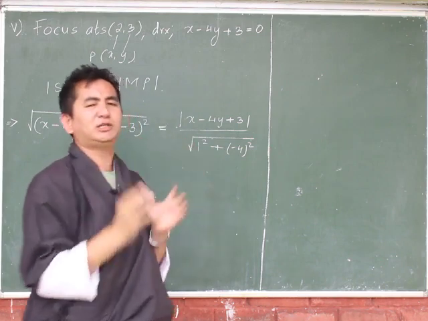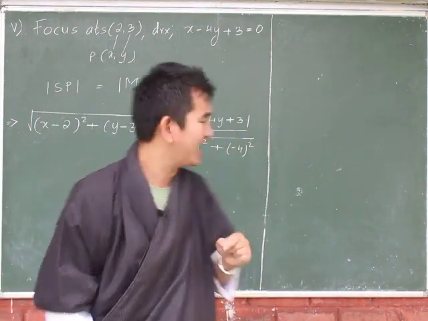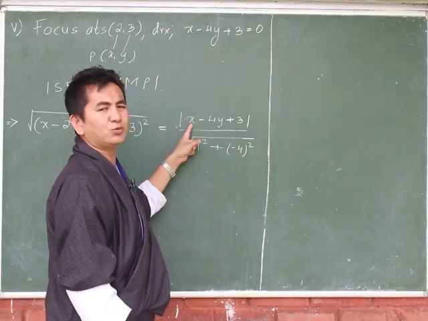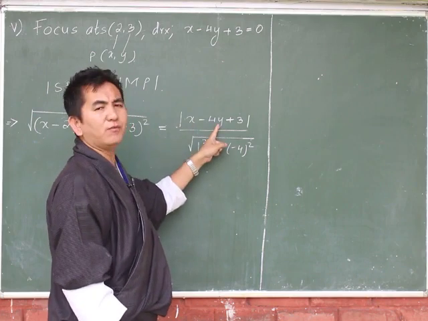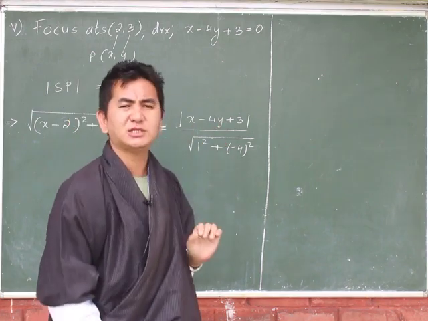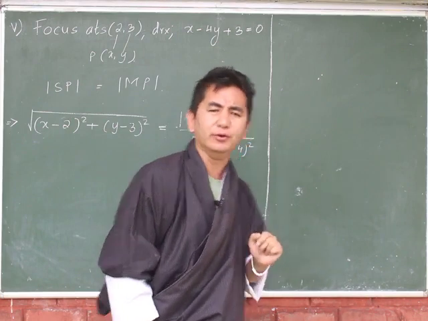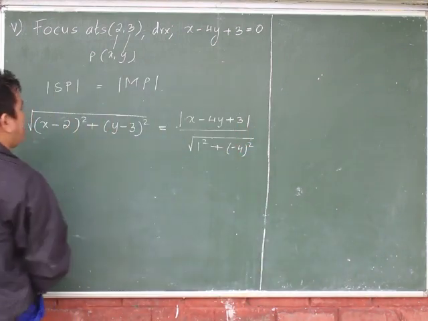Now this one is a little bit different from whatever we have solved till now. Here in this case we have a coefficient of x, which is 1, as well as a coefficient of y. The formula for perpendicular distance I have given in the previous video. So therefore let me square both sides.